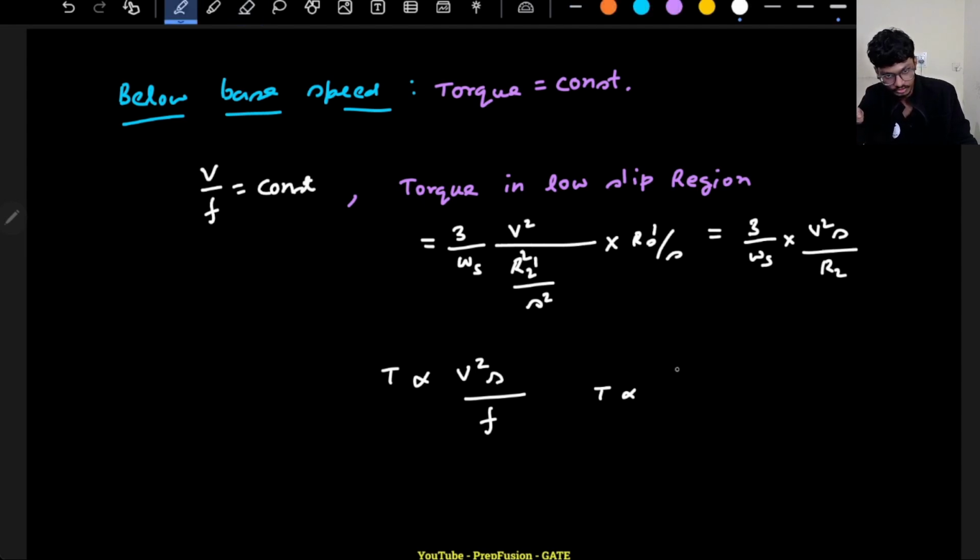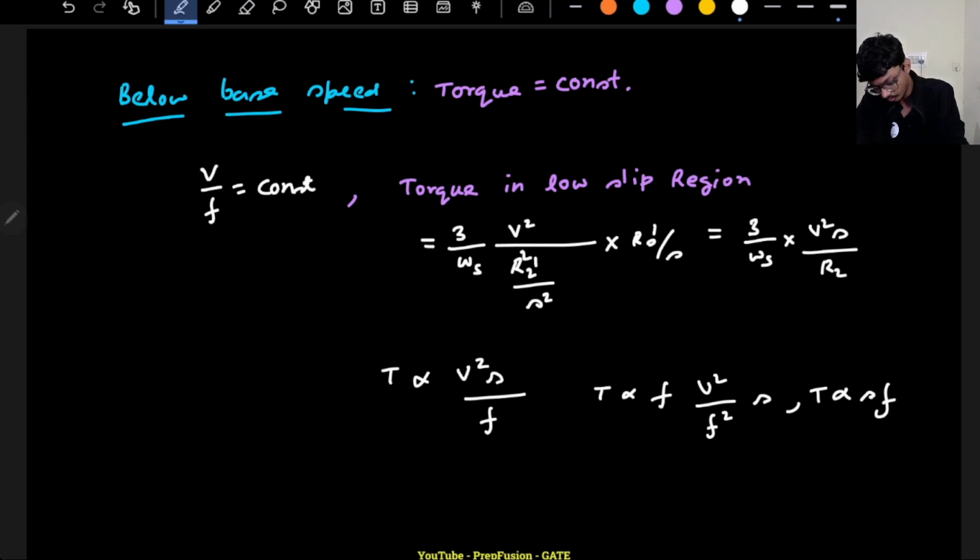Or the other way around, I can multiply frequency on both sides. If I multiply frequency on both sides, this will be V square divided by F square into S. So I can say that my torque is proportional to SF.